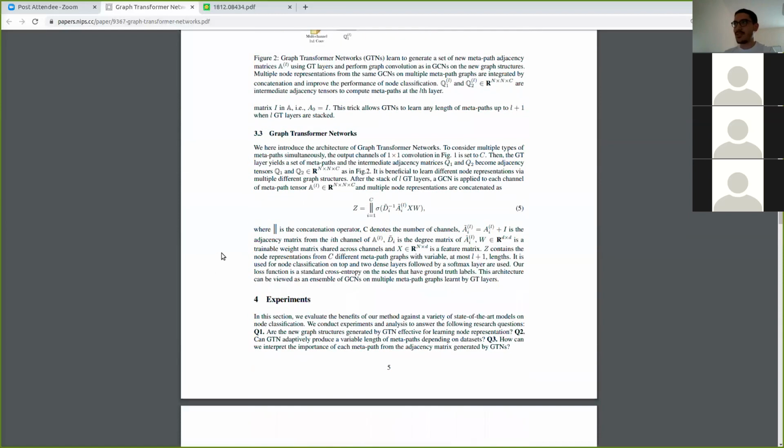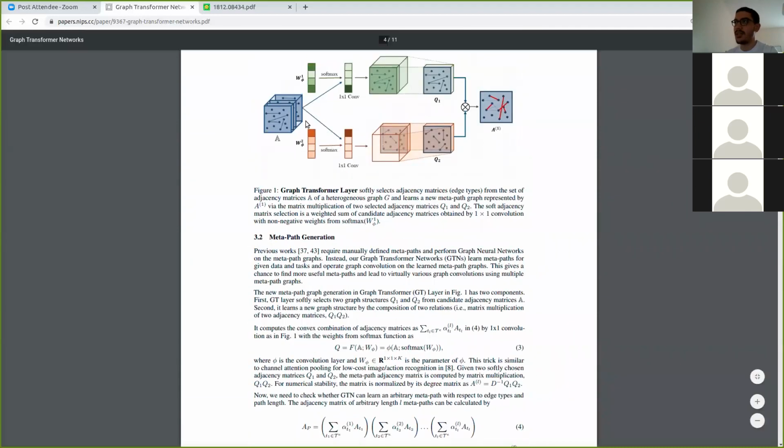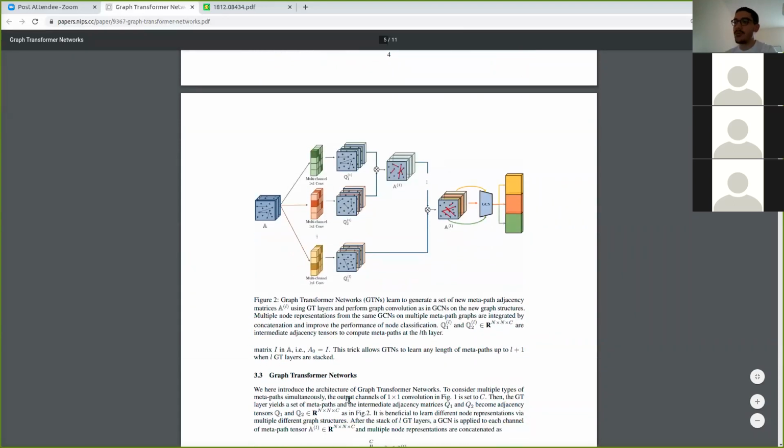So we finally reach the actual architecture of the GTN. What was described in this figure is a GTN layer. This is repeated a number of times, defined by the number of output channels of the 1-by-1 convolution.